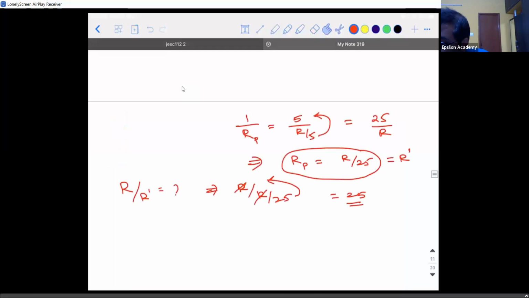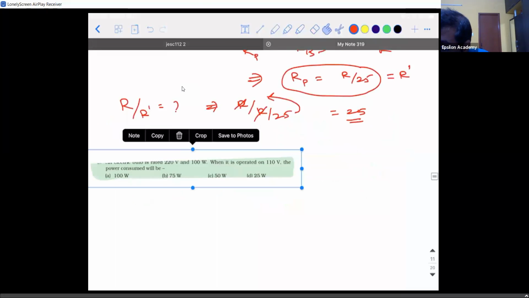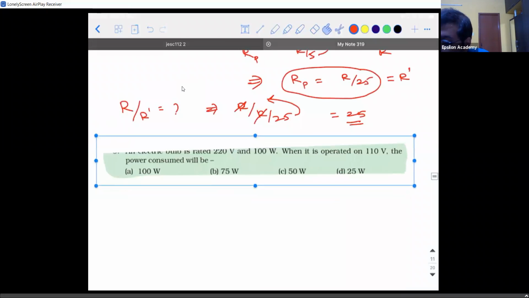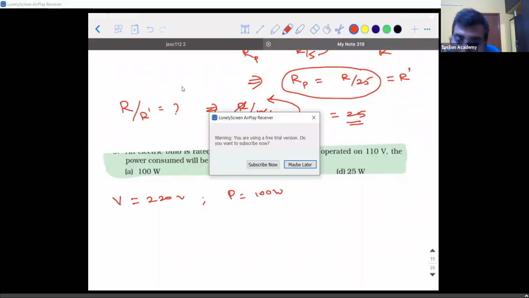Listen. There is an electric bulb rated 220 volt, power is equal to 100 watt. So if the same bulb is operated on 110 volt, what would be the power they're asking?